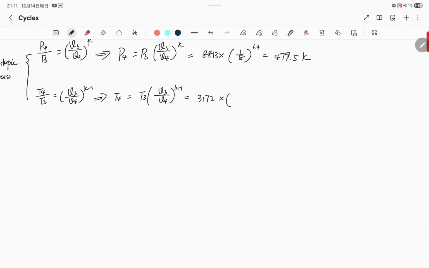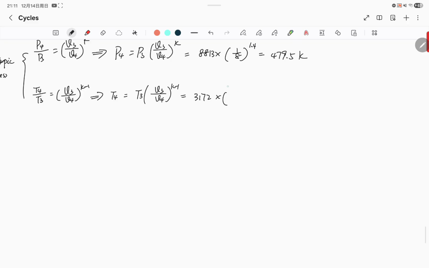Again, this is the small volume divided by big volume, so it's going to be the inverse of compression ratio.